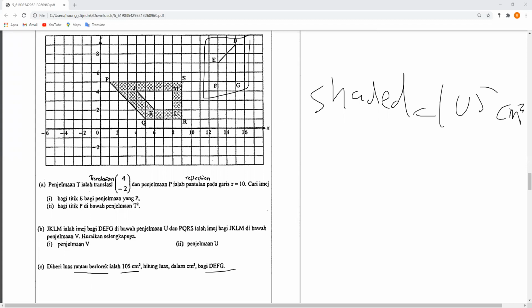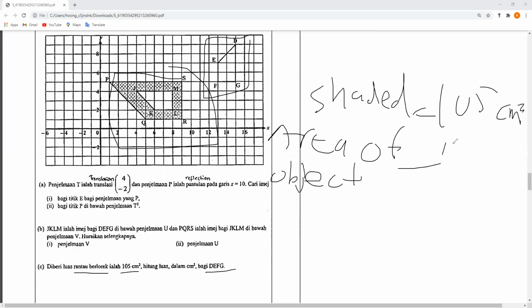In this case, the unshaded and shaded are together. So to find the shaded area, it's area of image minus area of object. Okay, don't be confused.